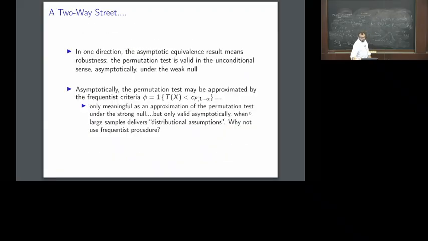Okay, so coming back to the point we wanted to be critical about. Clearly, in one direction, the asymptotic equivalence result means robustness. The permutation test is valid in the unconditional sense asymptotically under the weak null, because we are inadvertently implementing the standard frequentist test in the limit.